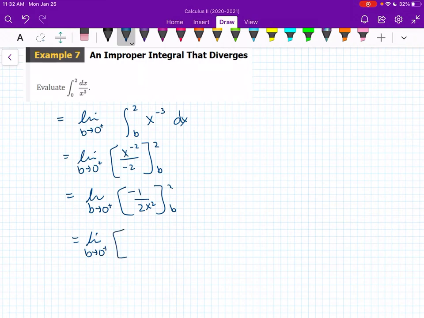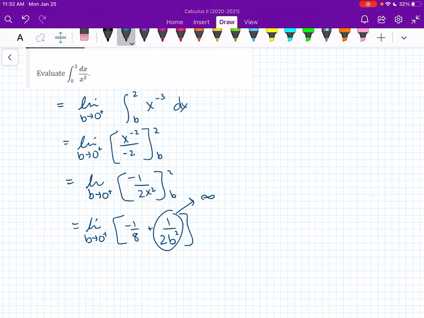Plugging in the 2, I get negative 1/2 times 1/4, or negative 1/8, plus 1 over 2b squared. Looking at that as b goes to 0, as we're approaching from the right, the denominator gets smaller and smaller, so this piece is going to infinity. So I get negative 1/8 plus infinity. So this whole limit goes to infinity. Therefore, it diverges.